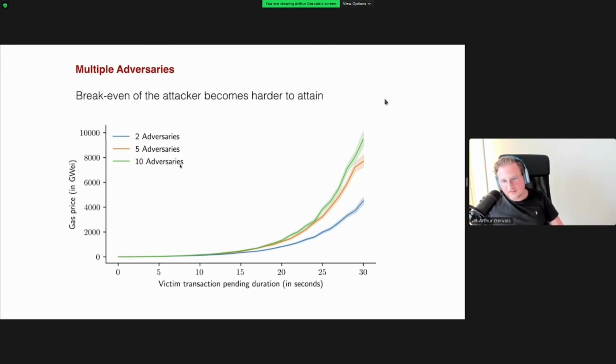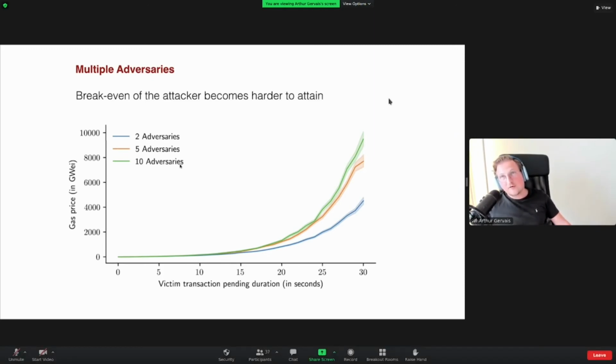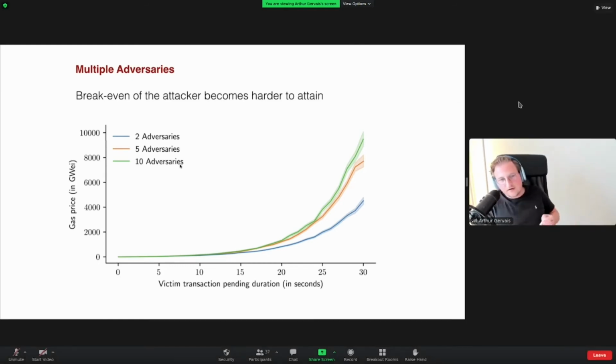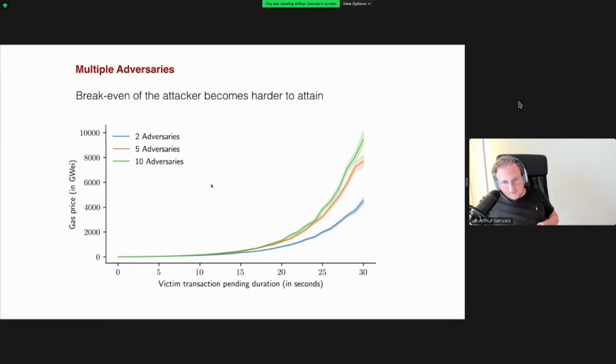These are at most the number of adversaries, because an adversary can use several addresses at the same time. We measured a total profit of about $1.5 million, if I recall correctly, over the span of 2 years. This is not in the paper I presented. It's a separate measurement paper that focuses only on measuring the real-world impact of this attack.